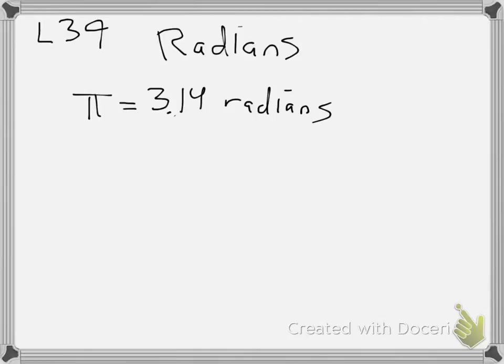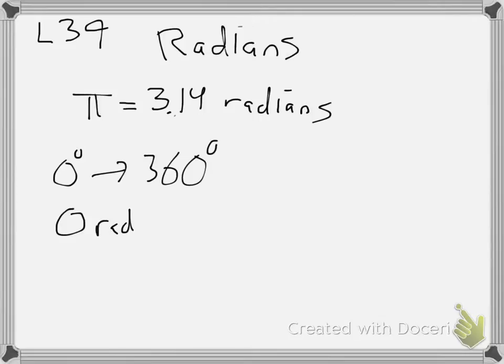So degrees of a circle went from 0 degrees to 360 degrees. In radians, it goes from 0 radians all the way to 2 pi. Now, how does this help us?